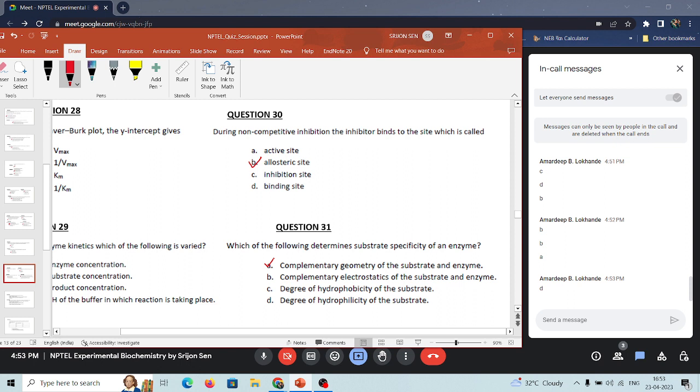No, the degree of hydrophobicity or hydrophilicity of the substrate actually does not matter. So complementary electrostatics of the substrate and the enzyme will matter. So A and B both are correct. So the geometry also matters, the electrostatics also will matter.